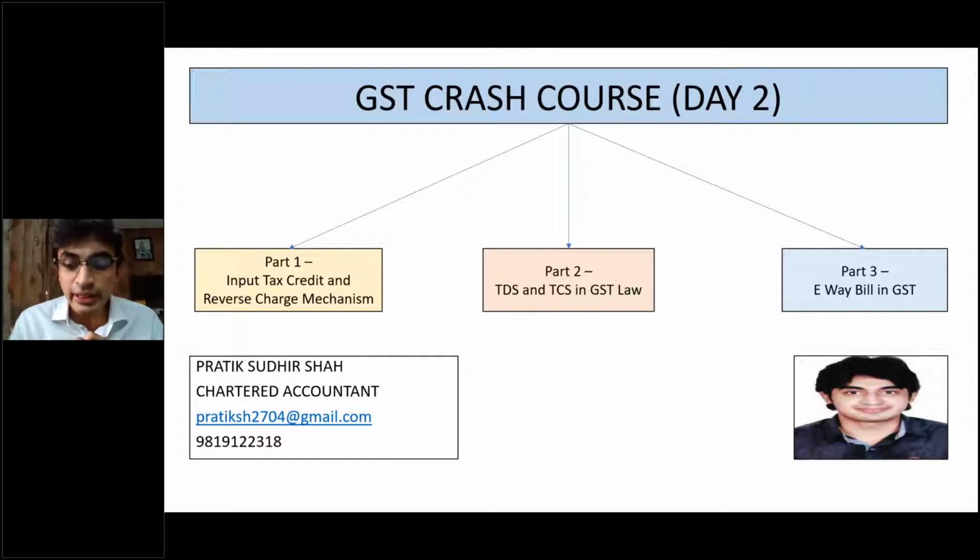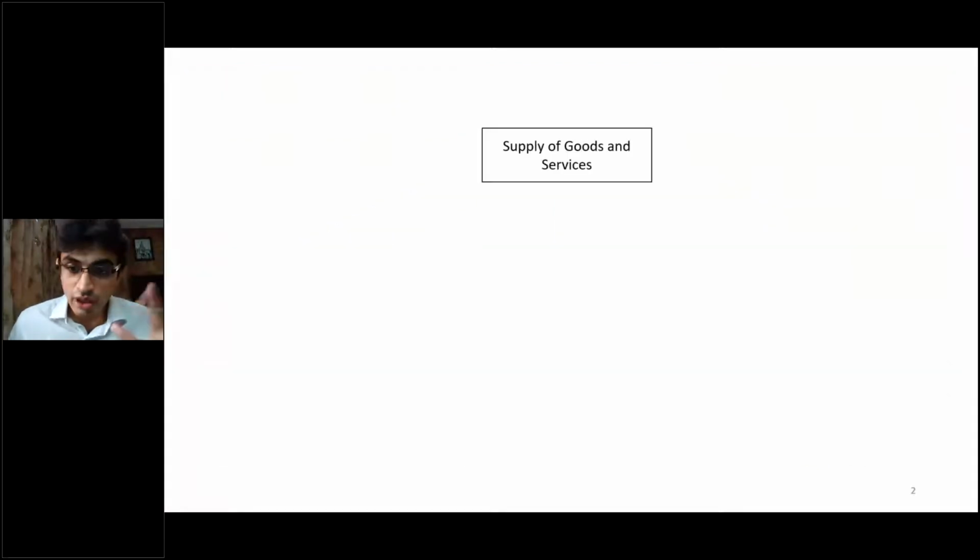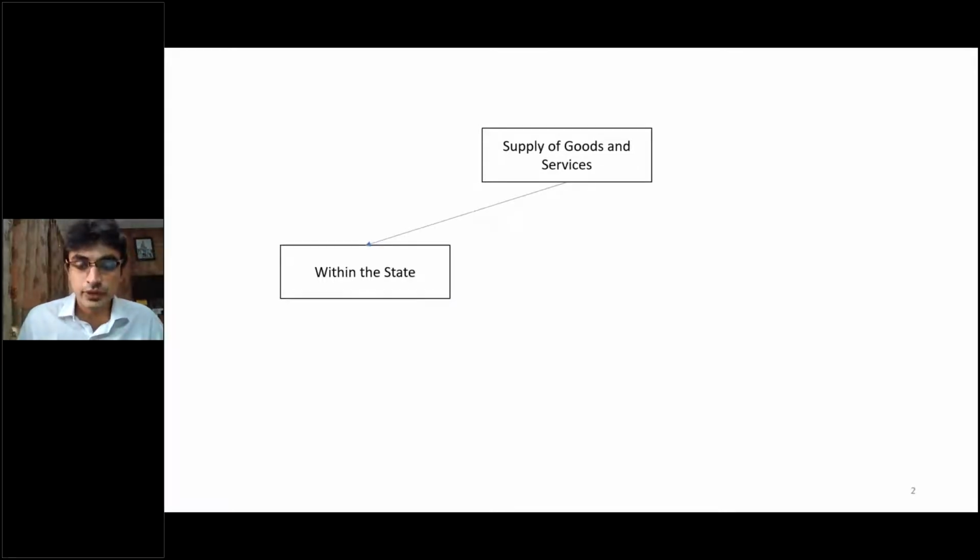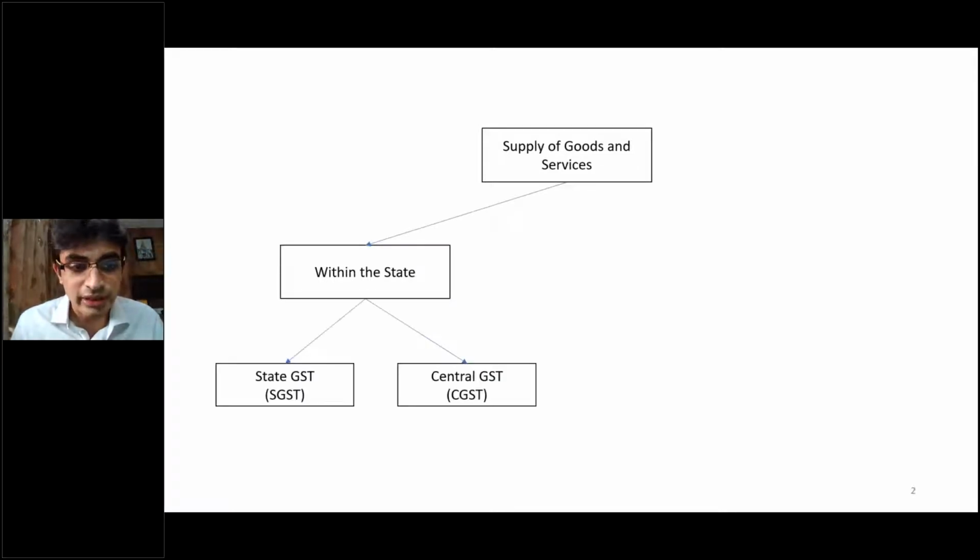Okay? Now, input tax credit in GST law. Yesterday we learned about 17(5) and rule 42. Today, we are going to learn about a new rule. See, you all know there are three types of taxes. Whenever you supply goods or services within the state, which GST is applicable? Correct.